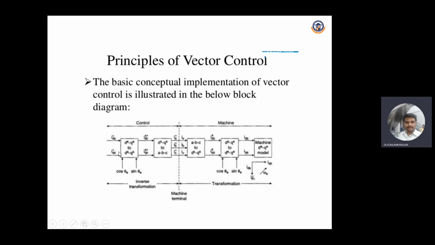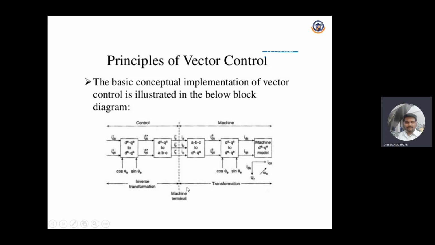Initially you can see the direct axis and quadrature axis components rotating in the synchronously rotating reference frame, which is converted from the stationary reference frame. That synchronously rotating reference frame is again converted into ABC quantities. That is the block shown in the second part of the control section.